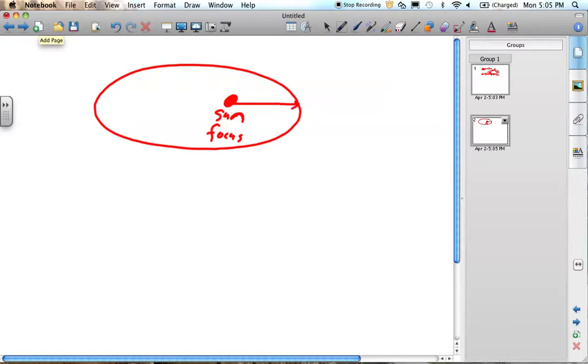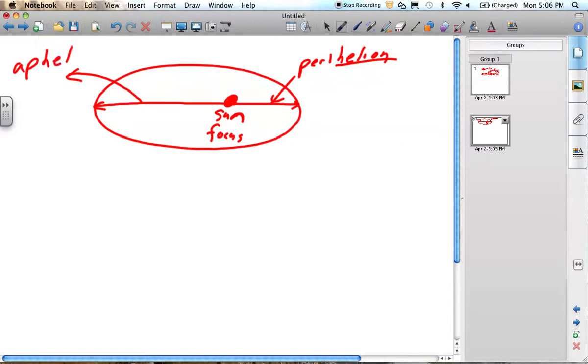The shortest distance between the Sun and the Earth is called perihelion. For the Moon, it's called perigee. The farthest distance is called the aphelion, or apogee if you're dealing with the Moon.